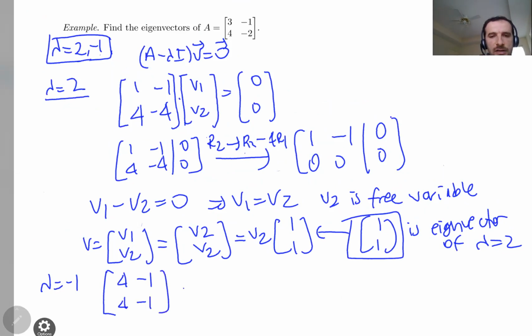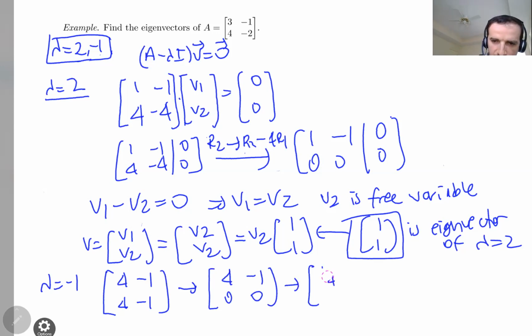So I can reduce it to write 4, -1, 0, 0. And I can multiply the first row by 1 over 4. Sorry, this will be 1, minus 1 over 4, 0, 0.